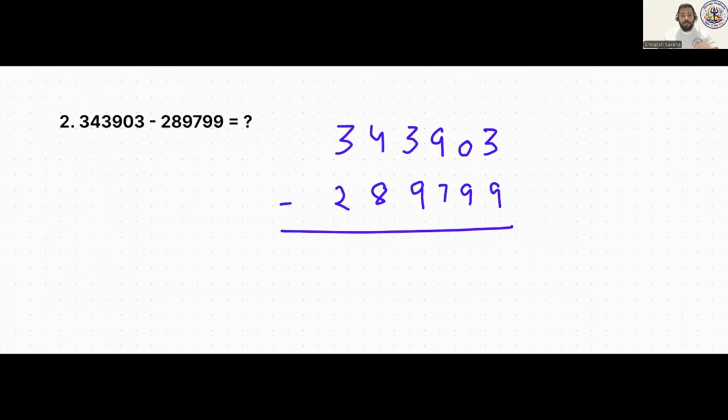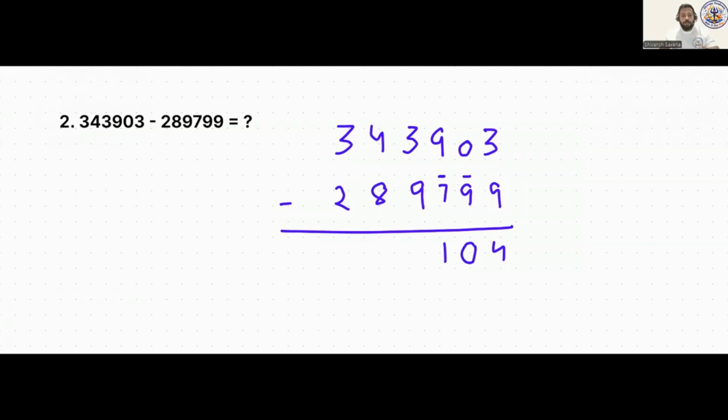Now this makes it 10. Complementary of 10 is 0. 0 add 0 makes it 0 over here. Coming to the next column, I add a bar. Now it becomes 8. 9 take away 8. Since the minuend is greater than the subtrahend, 9 take away 8 is 1. Coming to the next, 9. Complement of 9 is 1.